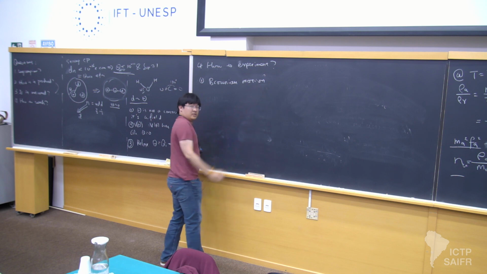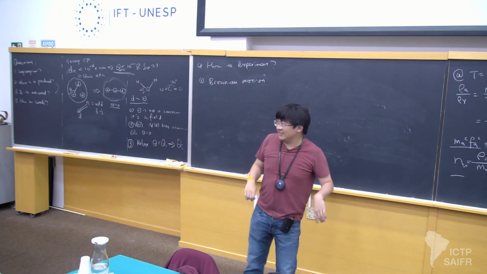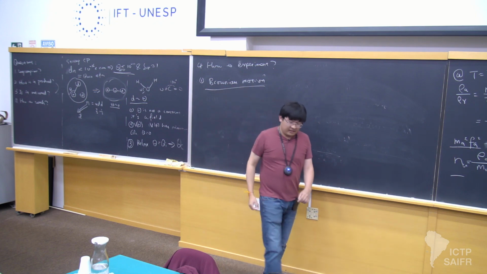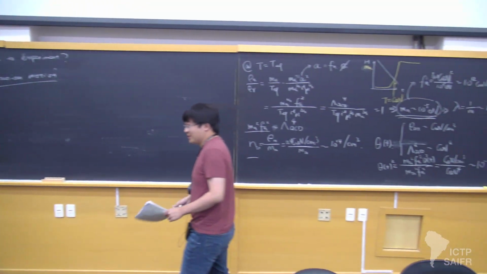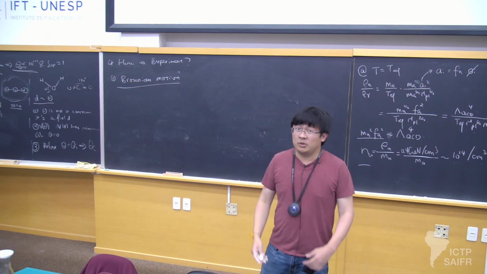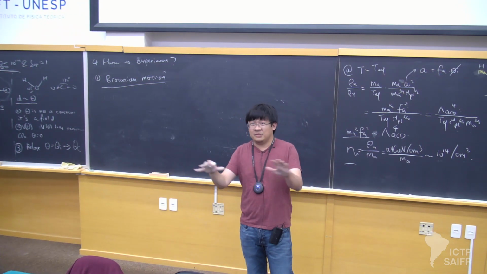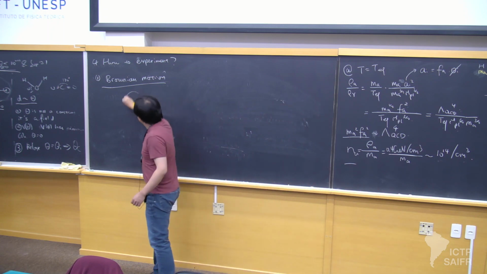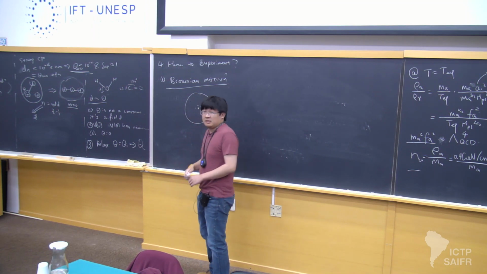Okay? So how many of you have heard of Brownian motion? Good. To me it's one of the most amazing experiments. It is so simple, but it tells us something very, very deep. So what do we have in Brownian motion? I have a pot of water or some liquid, and I spray some pollen inside this pot of water.